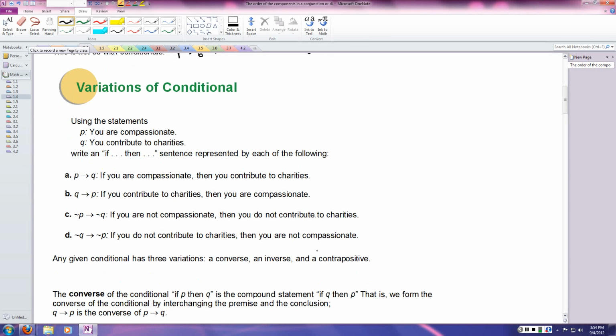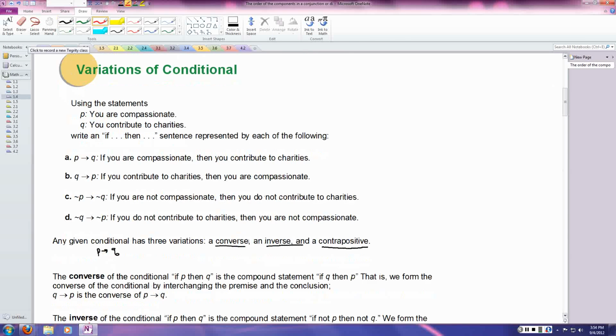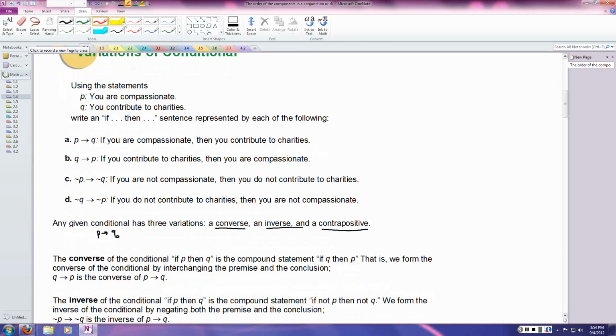It turns out for any given conditional, and in this case we're looking at the conditional P implies Q, we're going to have three variations: a converse, an inverse, and a contrapositive. So let's look at the converse of a statement.